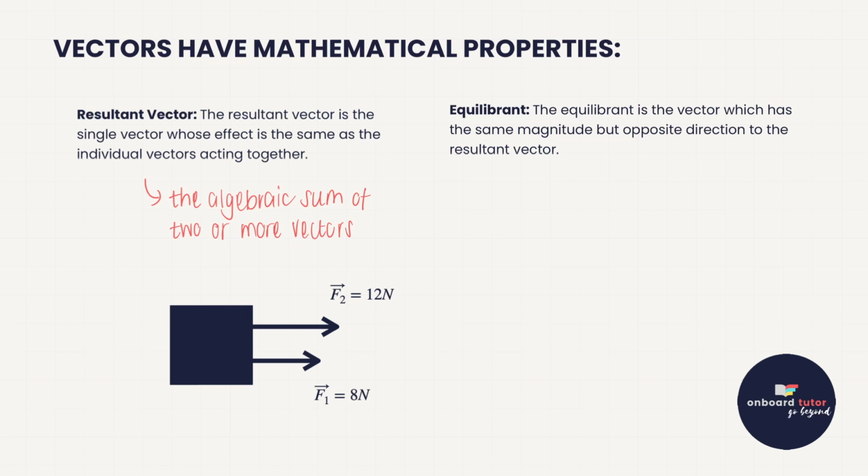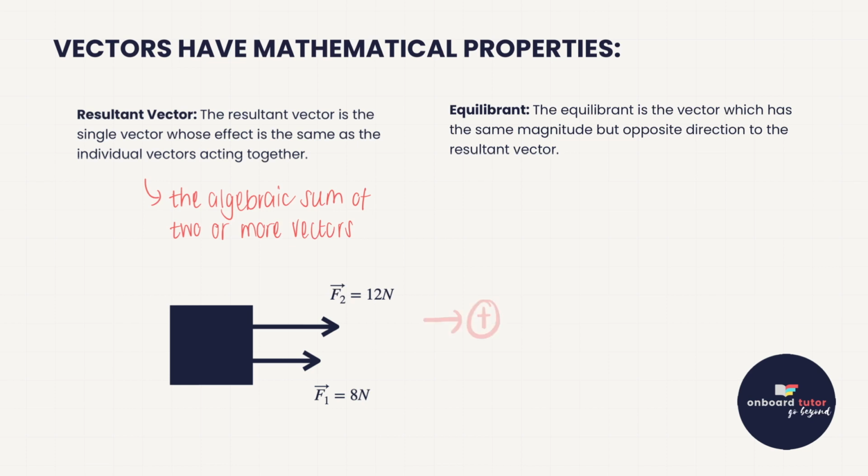Now, to make this easier for ourselves, we can represent these forces as a resultant vector, which remember is defined as a single vector whose effect is the same as, in this case, these two forces acting together on this object here. So what we'd want to do is first choose our positive reference direction, and since these forces are both going to the right, I'll just choose right as positive.